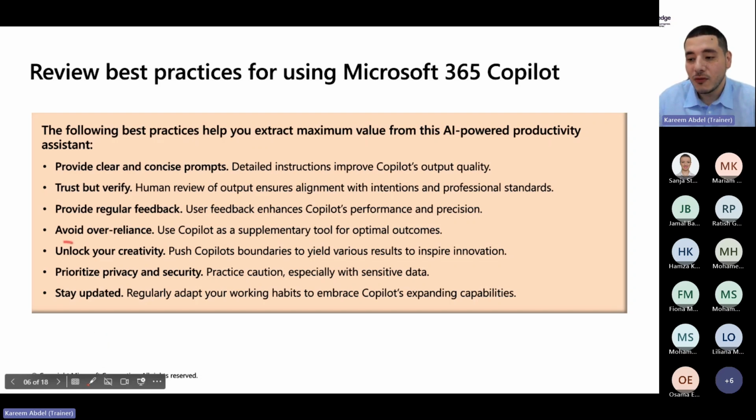Next, we should avoid over-reliance. The technology is not here to replace. That's just one of the concepts that we need to get our heads around. I shouldn't stop doing my job and just rely on Copilot for everything, because it still does have its shortcomings.